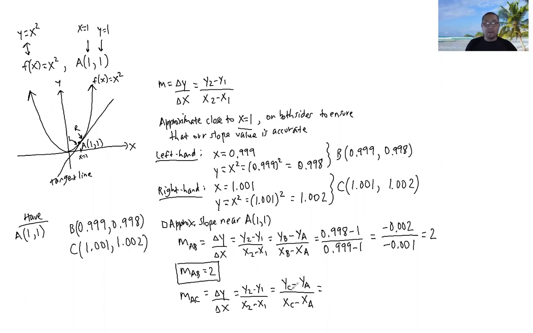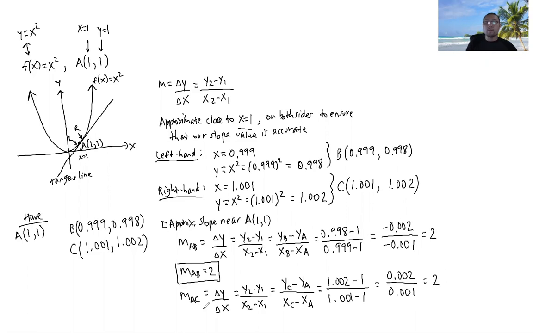Okay, so now let's plug in what we have. The y-coordinate of C is 1.002, minus y of A, which is just 1, divided by x of C, which is 1.001, minus x of A, which is just 1. This is going to be 0.002 divided by 0.001.